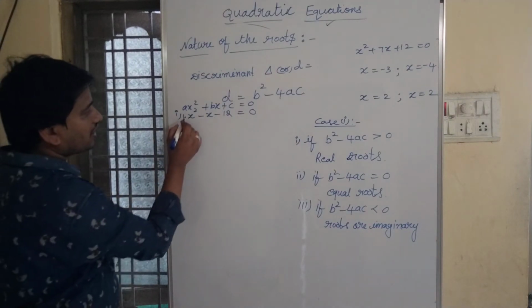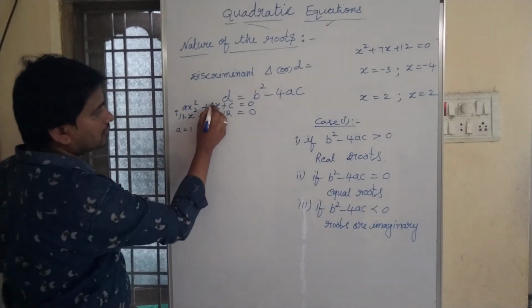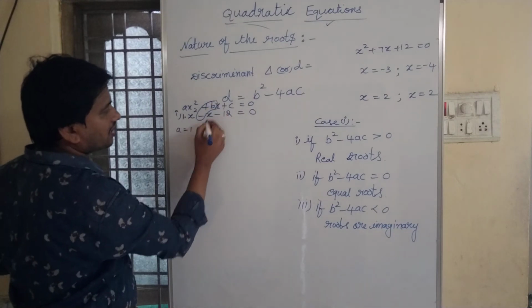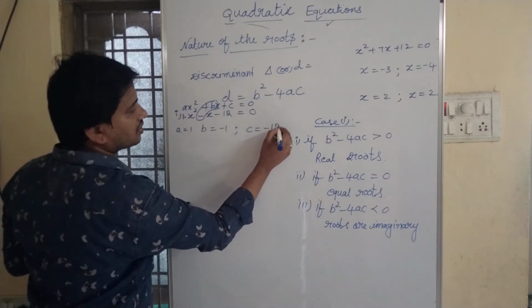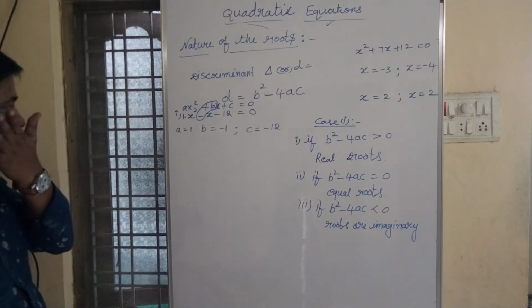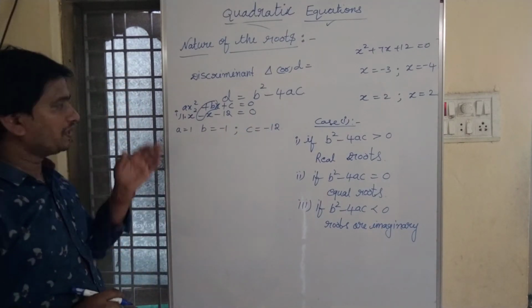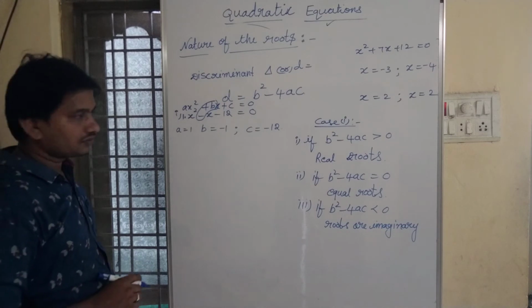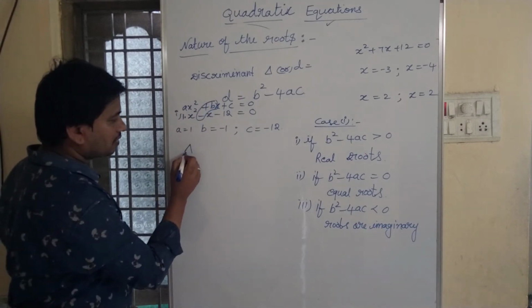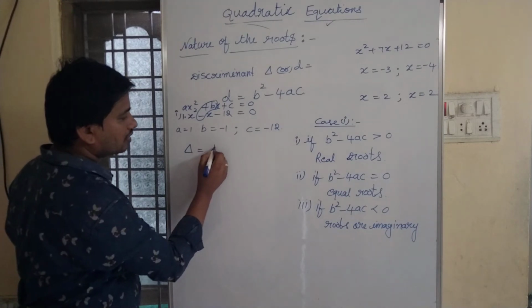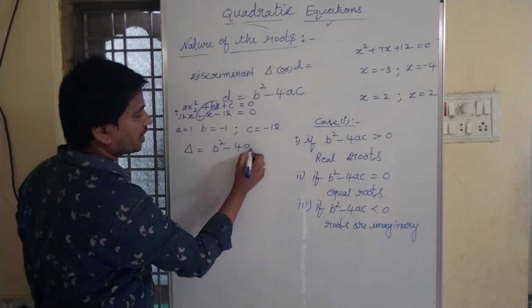Children, what is the value of a here? The a value is 1 and the b value is minus 1, and the constant is minus 12. A equal to 1, b equal to minus 1, c equal to minus 12. Children, let us find the discriminant delta, that is b square minus 4ac.